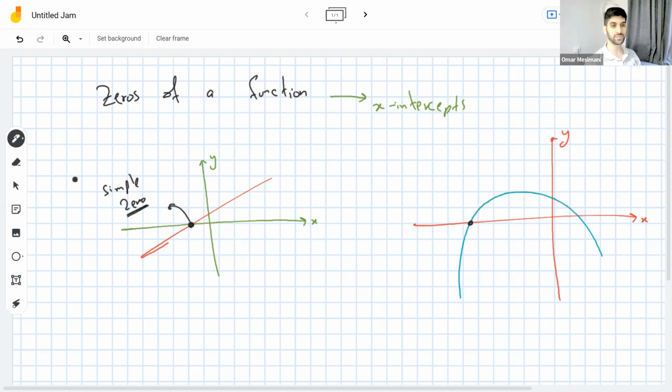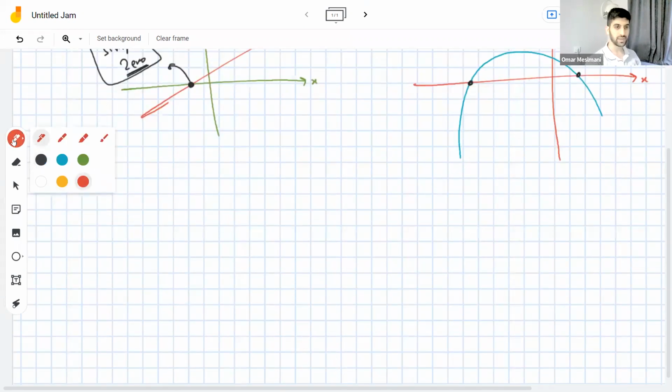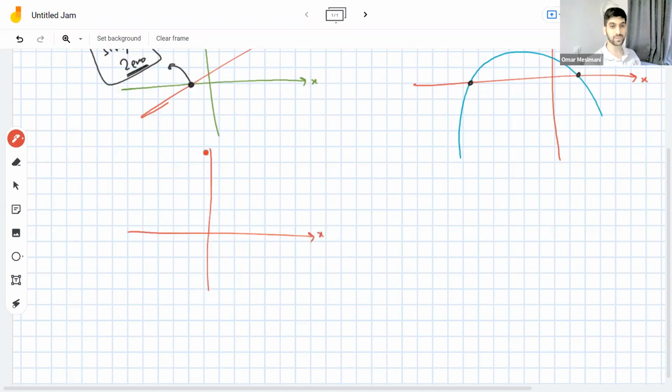So how many simple zeros do we have right now? We have two simple zeros. By the way, zeros have the same meaning as the x-intercepts. The first type we have is the simple zero. The second type we have is the double zero.